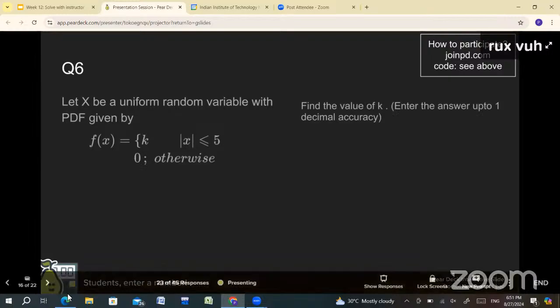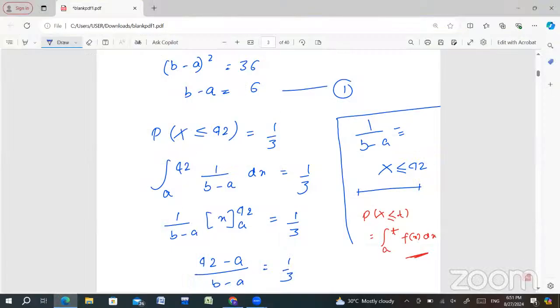Here you can use the CDF formula, x minus a divided by b minus a, directly. If you don't remember the formula, you can use this method. For x we'll be putting 42. Okay, ma'am, thank you. Ma'am, x cannot take the value of 0.